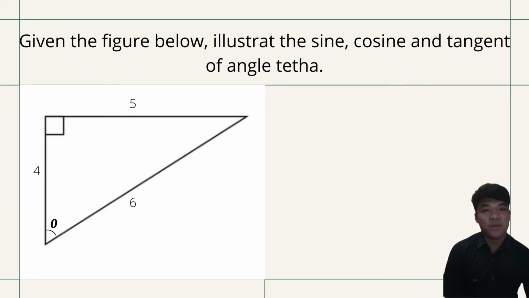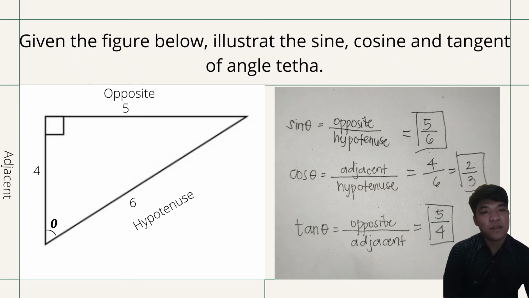So we have here spotted the angle theta below, and the first step is we will locate where the hypotenuse, opposite, and adjacent are, for us to easily solve the problem. So we can locate the opposite by locating the angle theta, and the opposite side is called opposite.